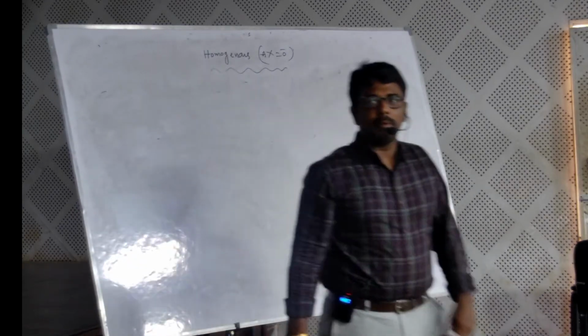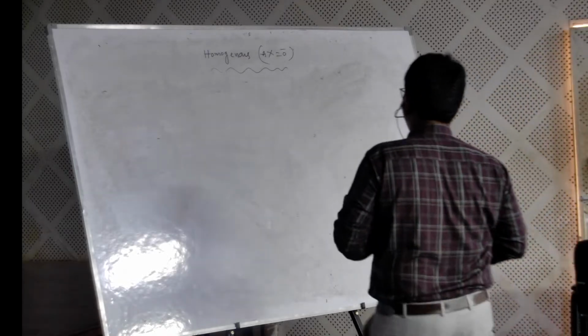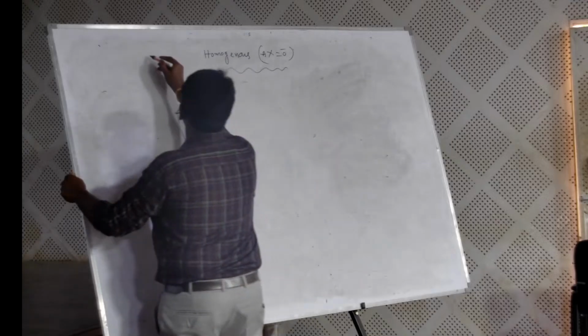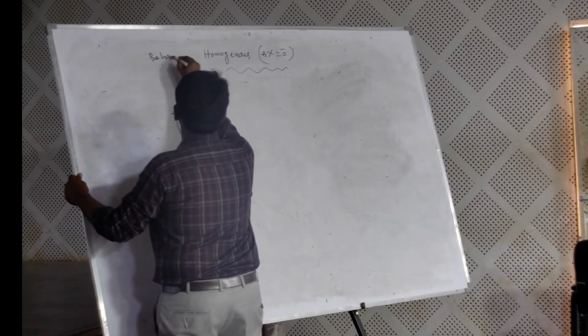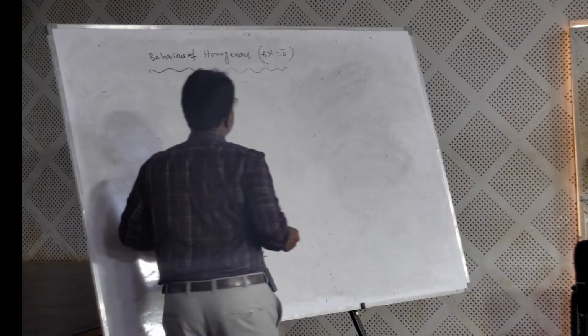Everybody, do you remember the two definitions? Consistent and inconsistent system. Consistent means having one solution or more than one. Let me explain the behavior of the system to give a complete picture.